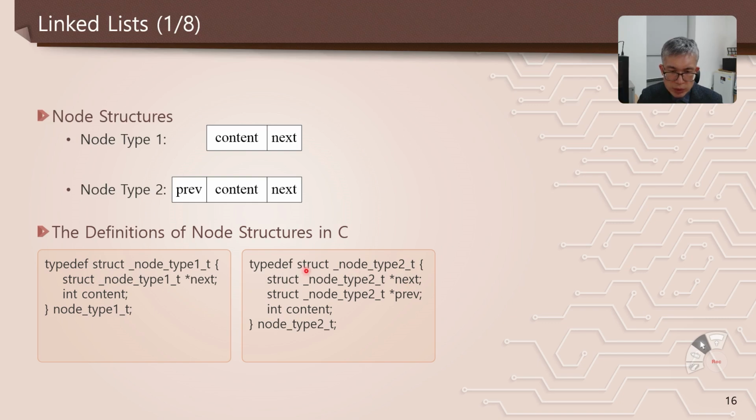So you can see struct node_type2_t. This one points to the same node type, and the content is an integer value.